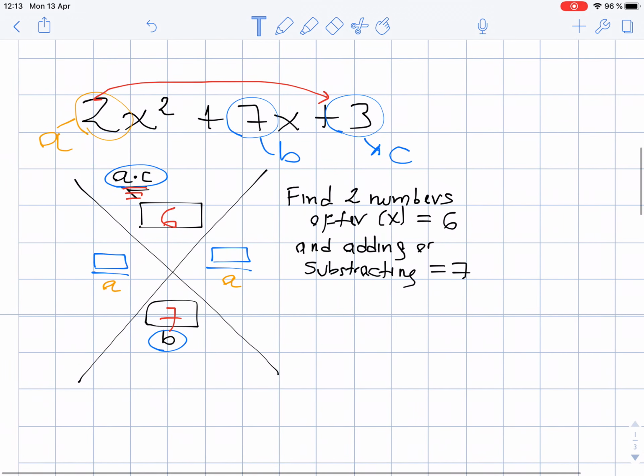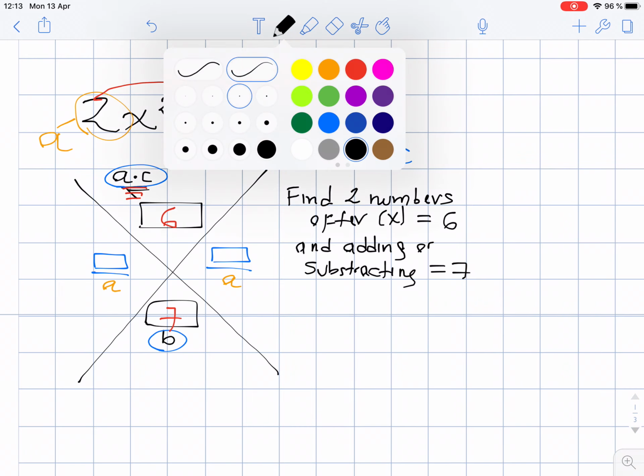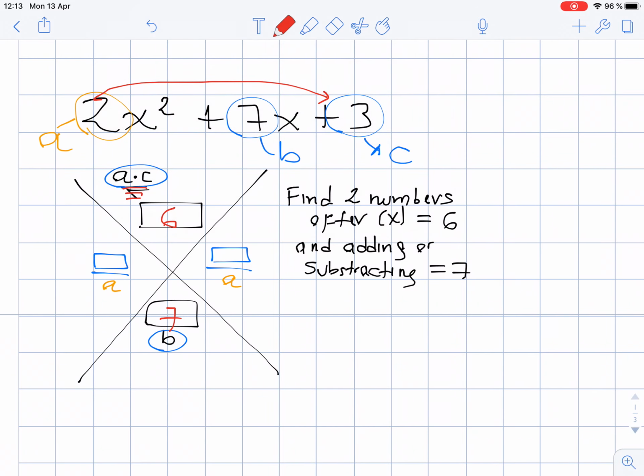In this step it is trial and error. Try to get the values and try different components. In this sense, we will have two values that multiply to 6 and add to 7.